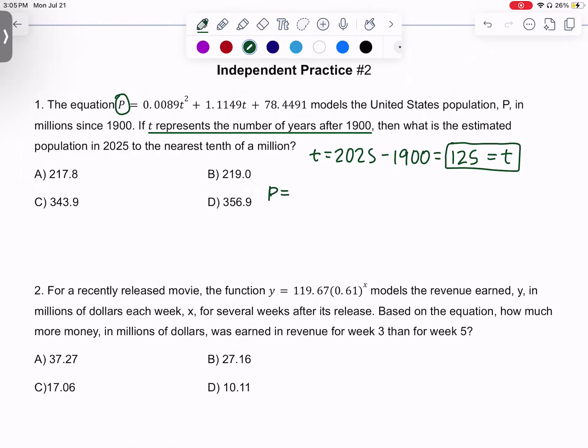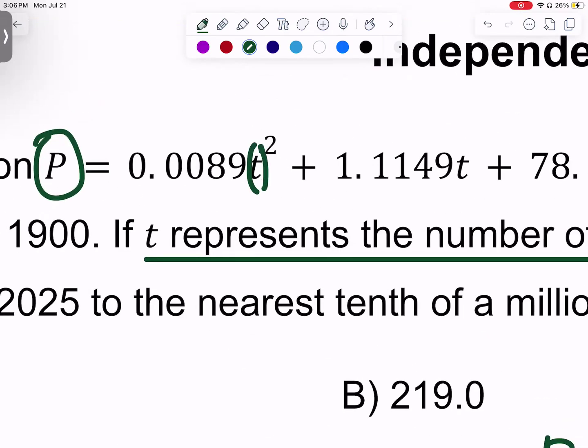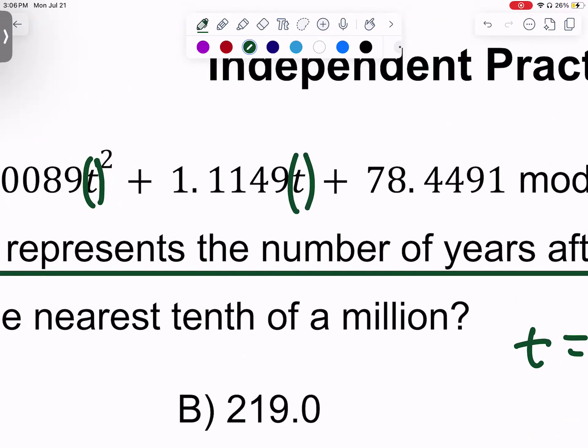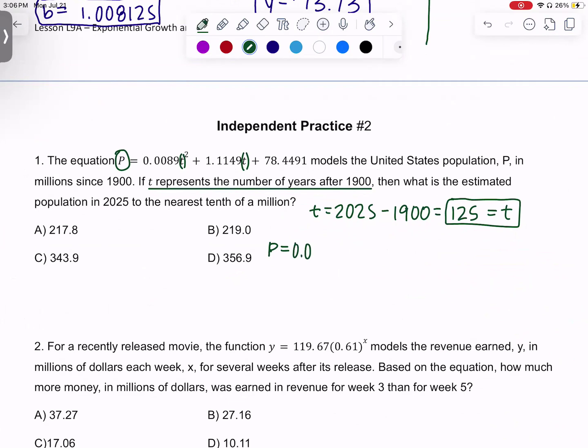Using the equation, estimate the population. So wherever we see T, we're going to draw parentheses around T, not the exponents, not the coefficients, just T. Rewrite the equation: 0.0089, parentheses, 1.25 to the power of 2, plus 1.1149 times 125, plus 78.4491.